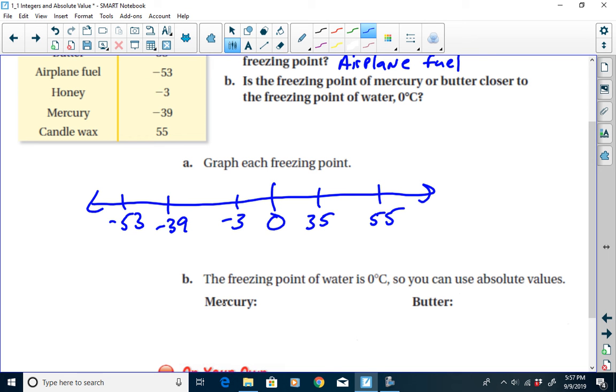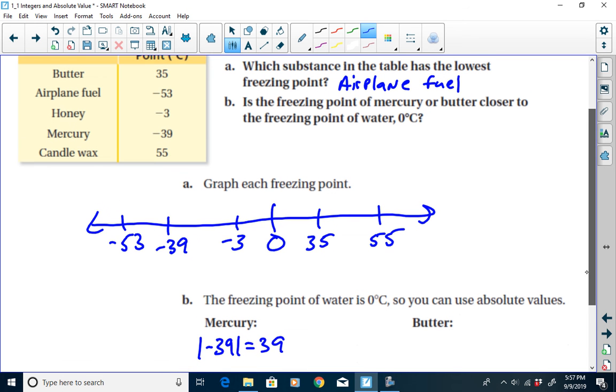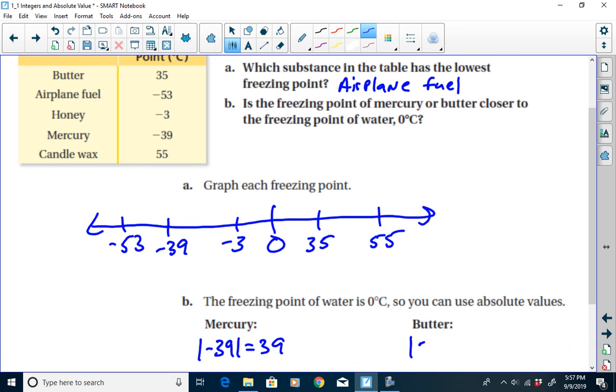Mercury has an absolute value of 39. Butter, let's see, the freezing point of butter is 35. The absolute value of 35 is 35.